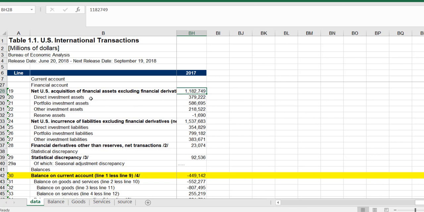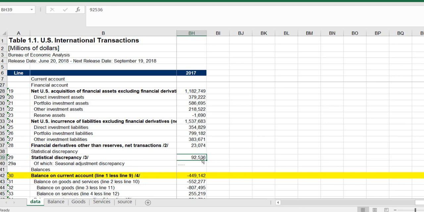In 2017, the net US acquisition of financial assets excluding financial derivatives was about $1.2 trillion, whereas the net US incurrence of liabilities, excluding deals with financial securities, was about $1.5 trillion. Okay. So this deficit corresponds to the deficit in the current account. When we look at financial securities alone, it amounts to about $23 billion.